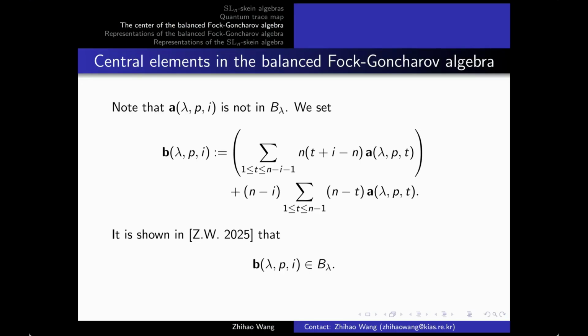You see, B_lambda,pi is a linear combination of B_lambda,pt for t from 1 to n minus 1. And we can show that this vector B is contained in the balanced part. So this is good. And we will use this B to calculate the center of the balanced Chekhov-Fock algebra.